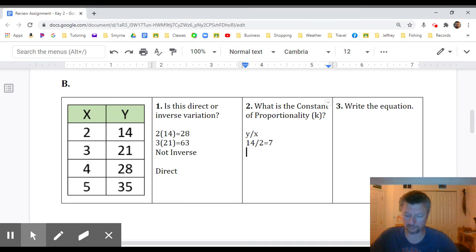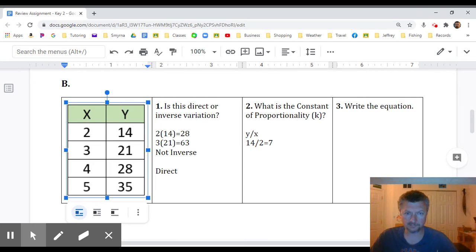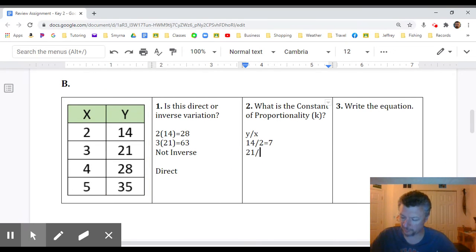Next, 21 divided by 3 equals 7. We have 28 divided by 4 equals 7 again. We have here 35 divided by 5 equals 7. Okay, so the constant is 7. We found it. K equals 7.